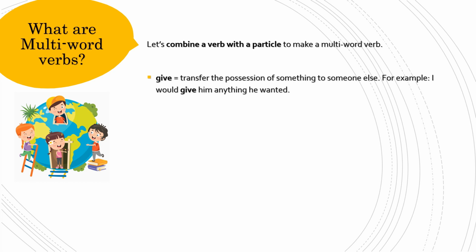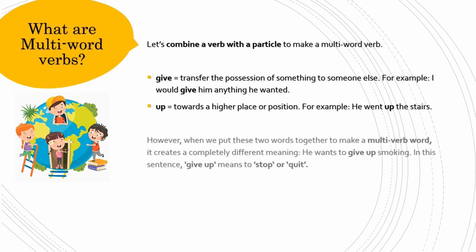Give means transfer the possession of something to someone else. For example, I would give him anything he wanted. Up means towards a higher place or position. For example, he went up the stairs. However, when we put these two words together to make a multi-word verb, it creates a completely different meaning.